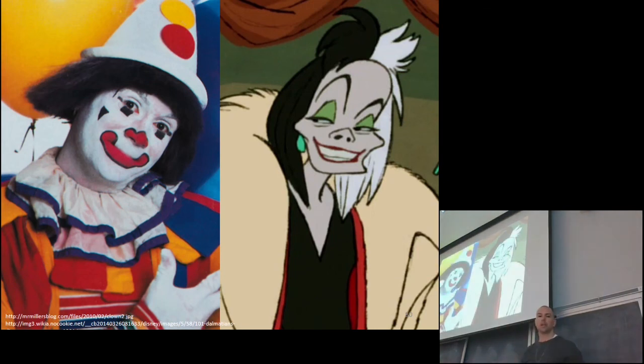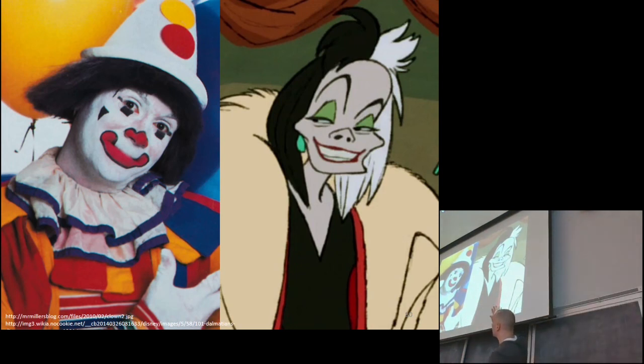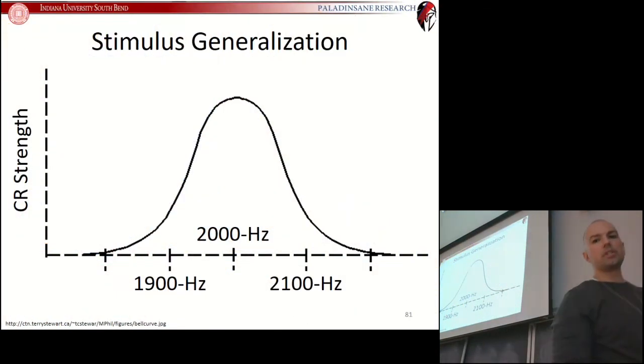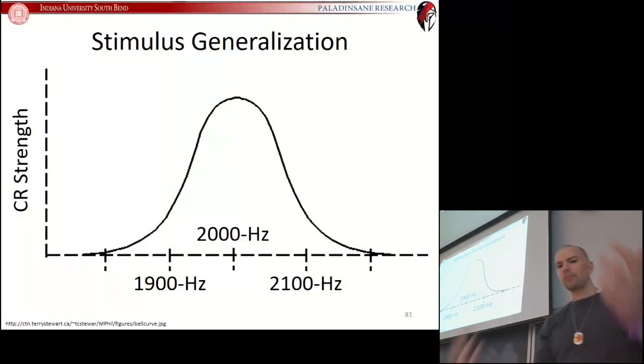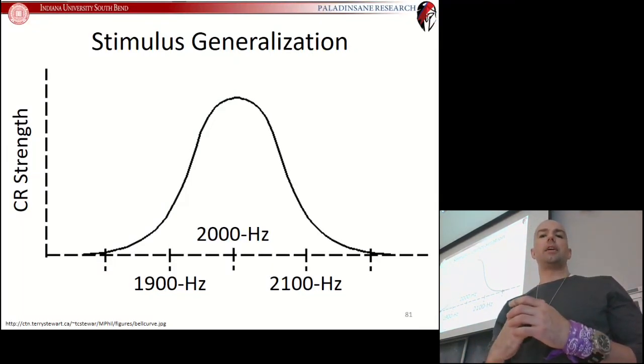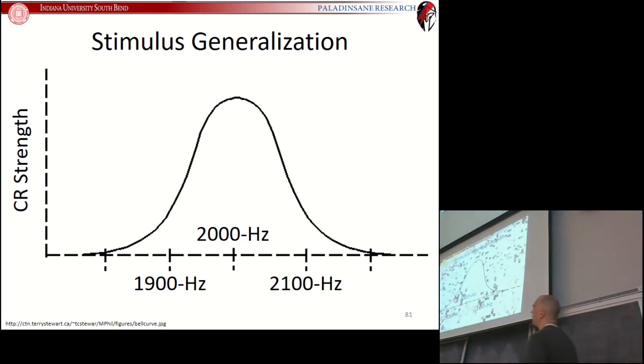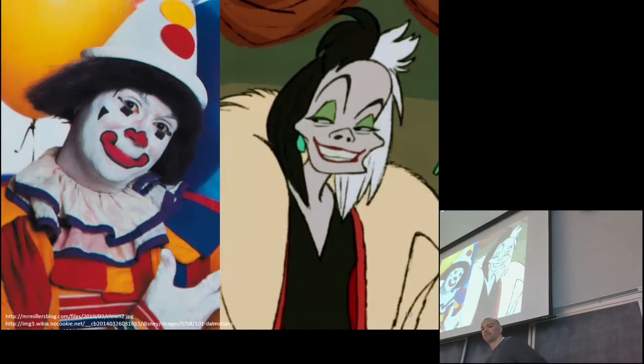And just take a look at other instances of it, and you can see how we could be conditioned over and over and over again to fear that stimulus, and then that just generalizes right over to that clown face. So again, stimulus generalization, very basic premise, and a very basic idea about why we might fear these clowns.